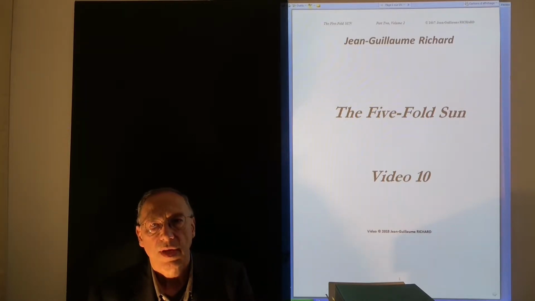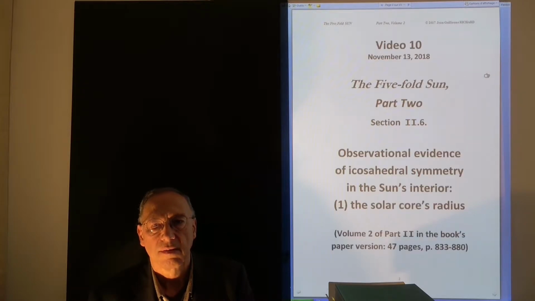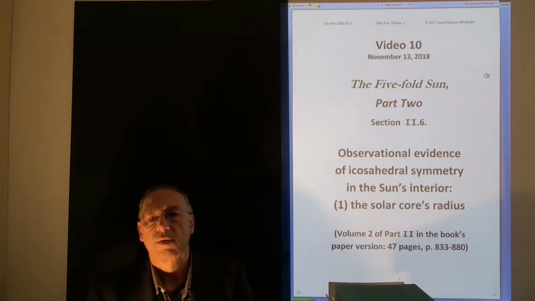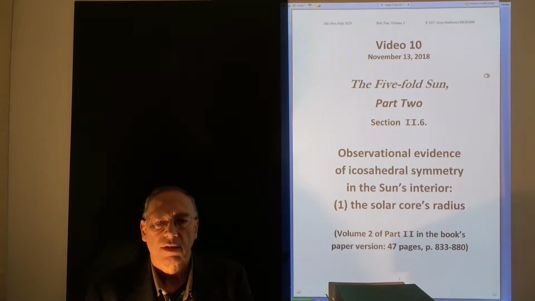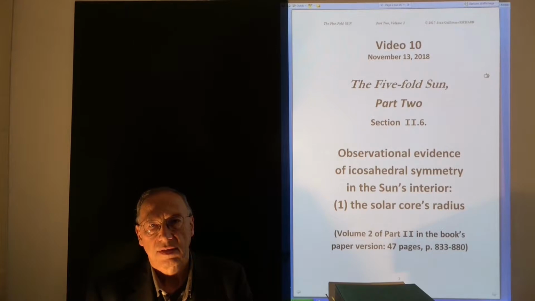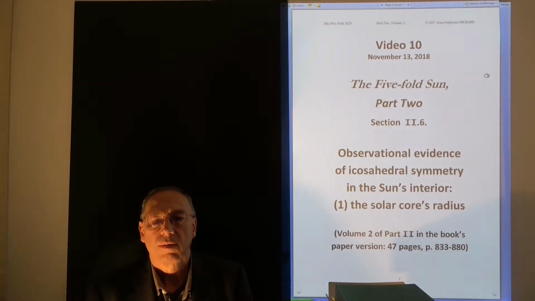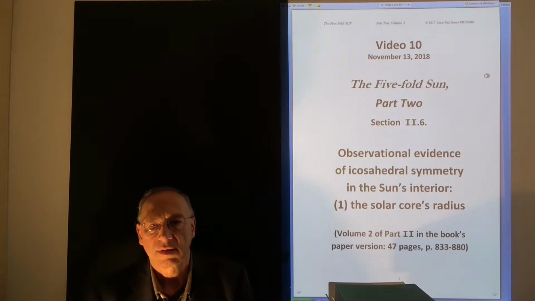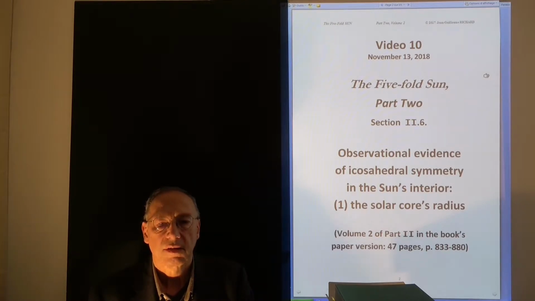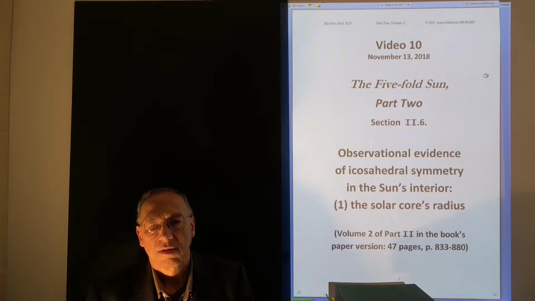We today will deal with part 2 of the book, The Fivefold Sun, namely its section 6 of part 2, which deals with observational evidence of icosahedral symmetry in the Sun's interior. First part of the investigation of such evidence, the solar core's radius.